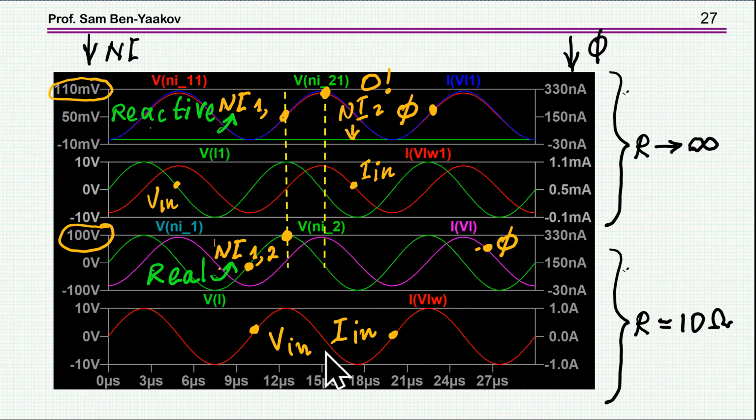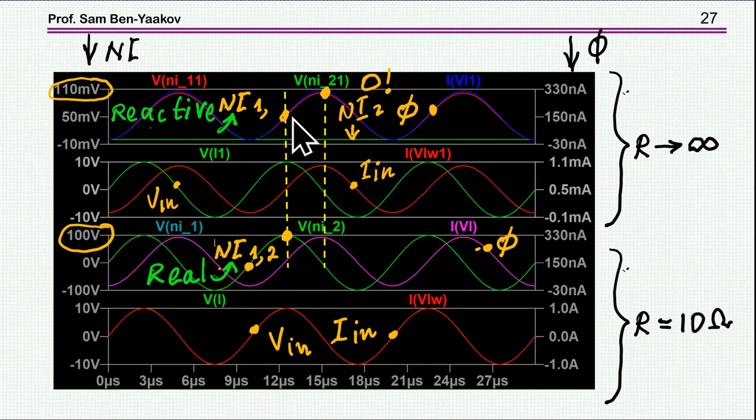And for this part, the current and the voltage are in phase, while the MMF, which is related to the current, is now shifted from the voltage. Okay? So here's the big difference.